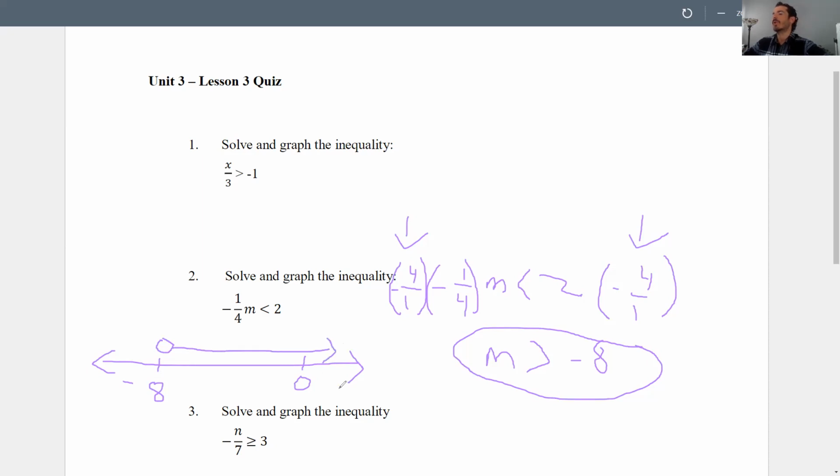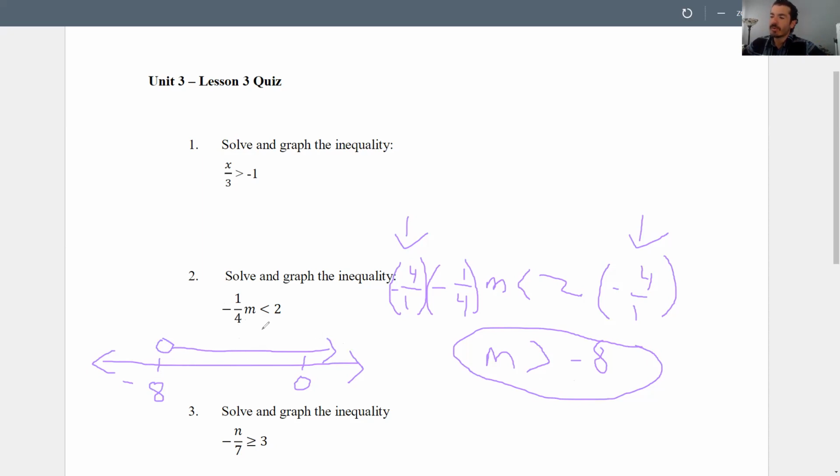Okay, so did I do this correctly? Well, let's see. I'm not going to use -8 to put into this equation because I'm pretty sure I did my arithmetic correctly. What I'm confused about is if I got my inequality sign correctly.